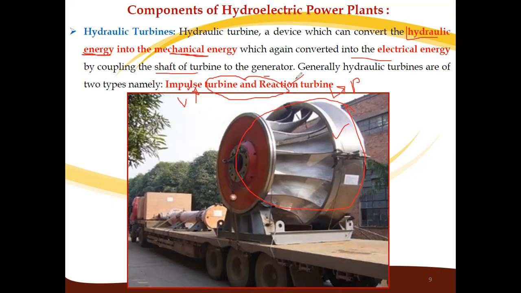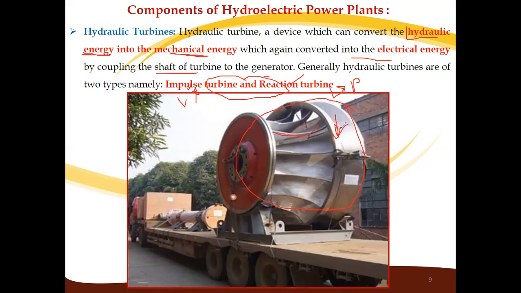So these are the important parts. If you see in this hydraulic turbine, we have a number of blades. These are the blades of the hydraulic turbine, and when pressurized water strikes those blades, it will rotate the rotor of the turbine.